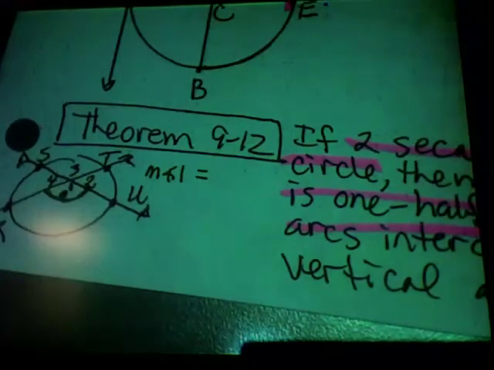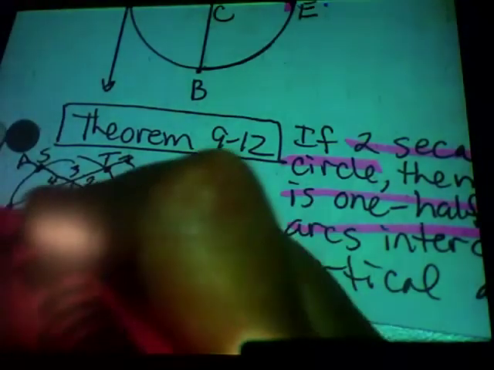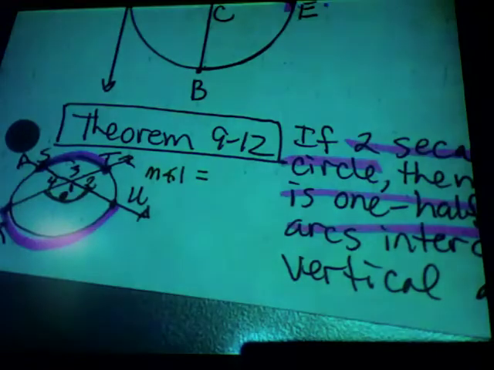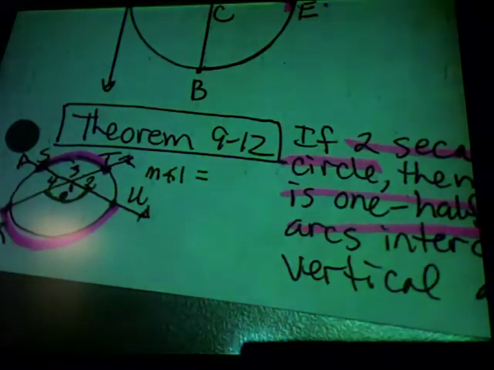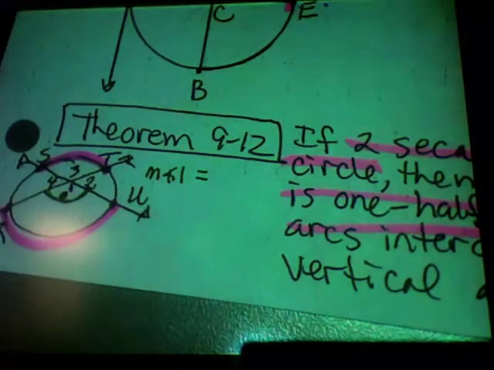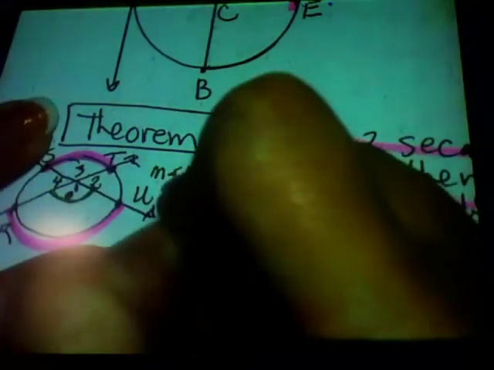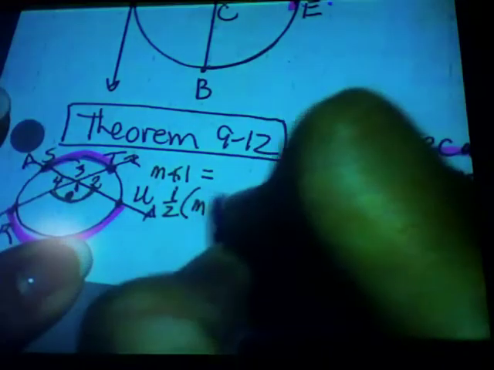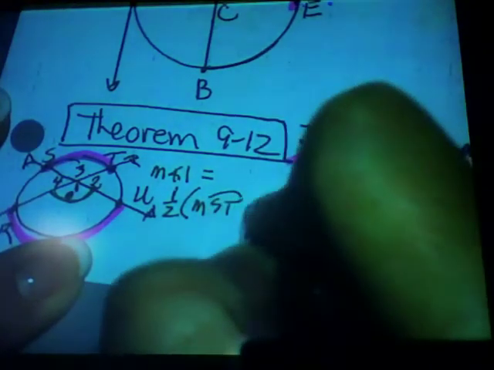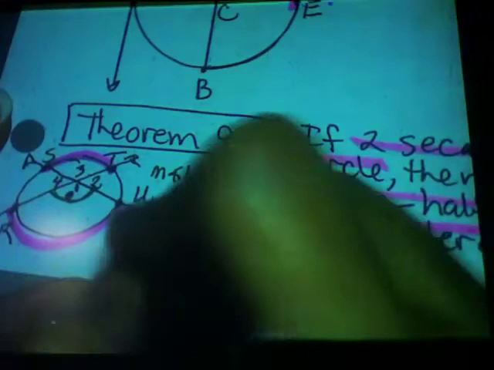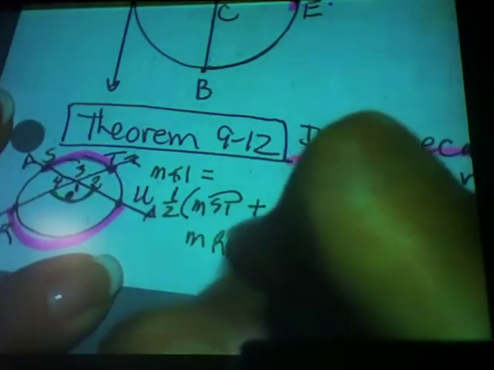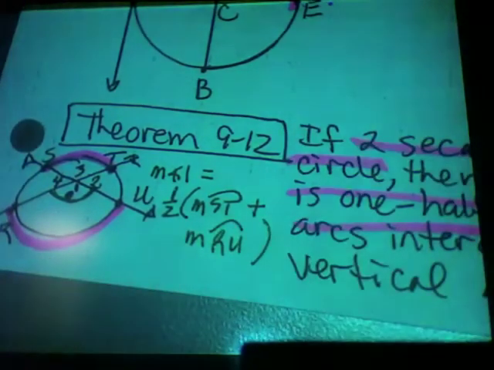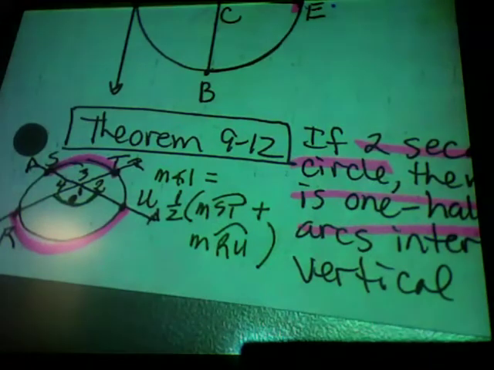So the intercepted arcs to those two angles would be arc RU and arc ST. Those are the intercepted arcs of the angle in question, angle number 1, and its vertical angle. So to get the measure of angle 1, I would take 1/2 the sum of the measure of arc ST plus the measure of arc RU. I would add those arcs together and take half.